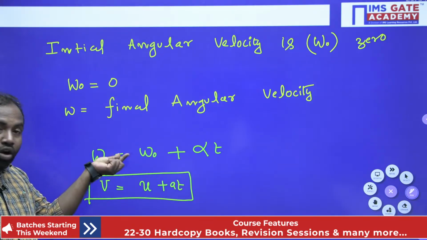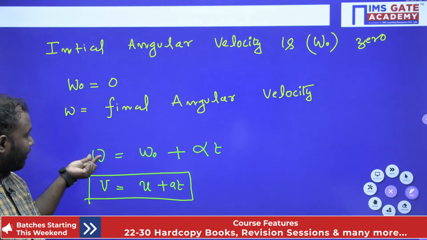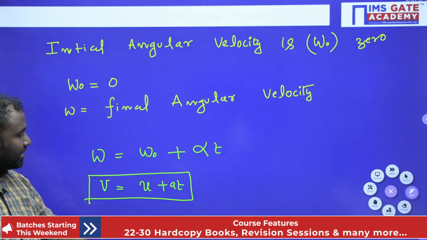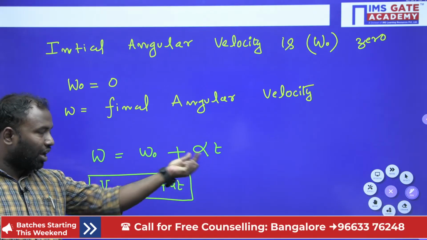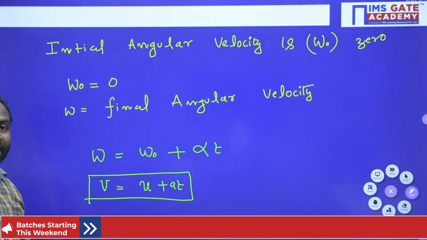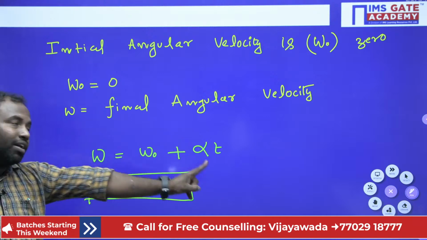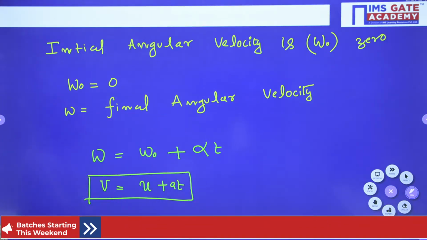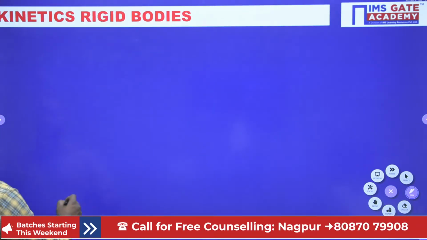From the linear one I derive the angular one: final angular velocity, initial angular velocity, angular acceleration alpha and t, and find the final angular velocity after t equal to 5 seconds.